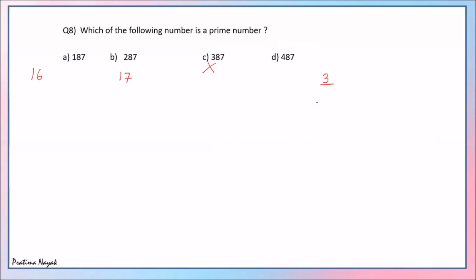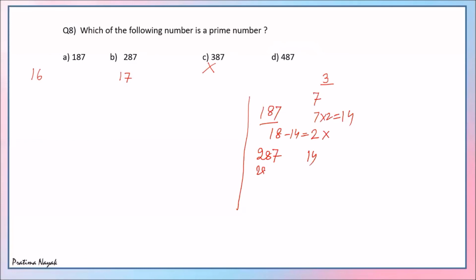Then I'll go for 7. For 7, what I'll do? I'll take 187, I'm testing. 7 multiplied by 2, 14. Subtract 14 from 18. Is it divisible by 7? No. So 187 is not divisible by 7. 287. 7 multiplied by 2, 14.